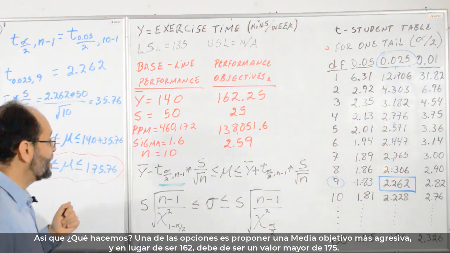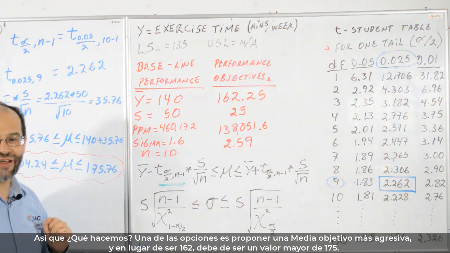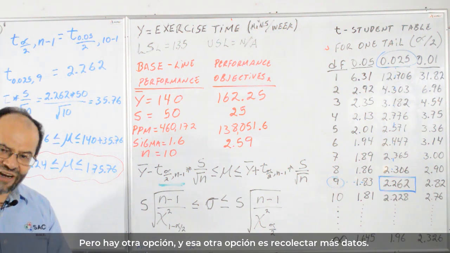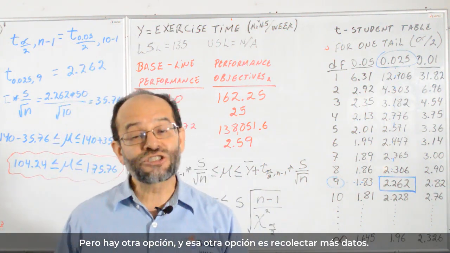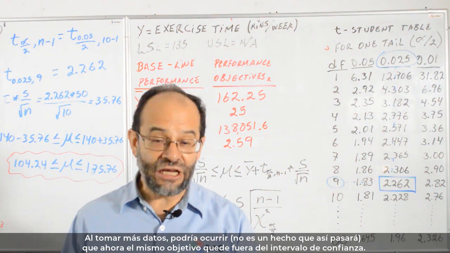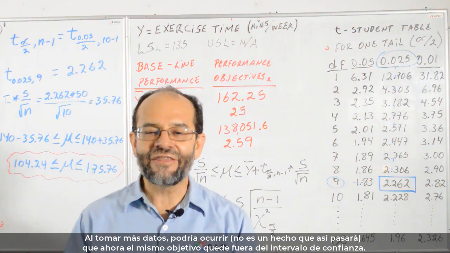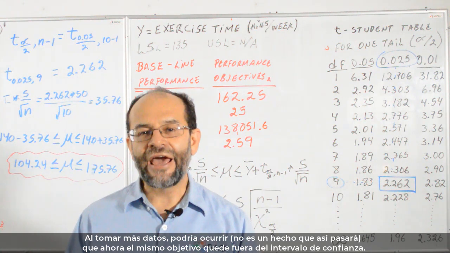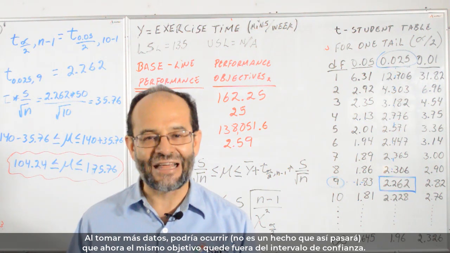Instead of 162, it has to be a value greater than 175. But there is another option, and that other option is, let's collect more data to see. It's not a fact that it will happen, but it can be that if I take more data, now the objective can be outside the confidence interval.